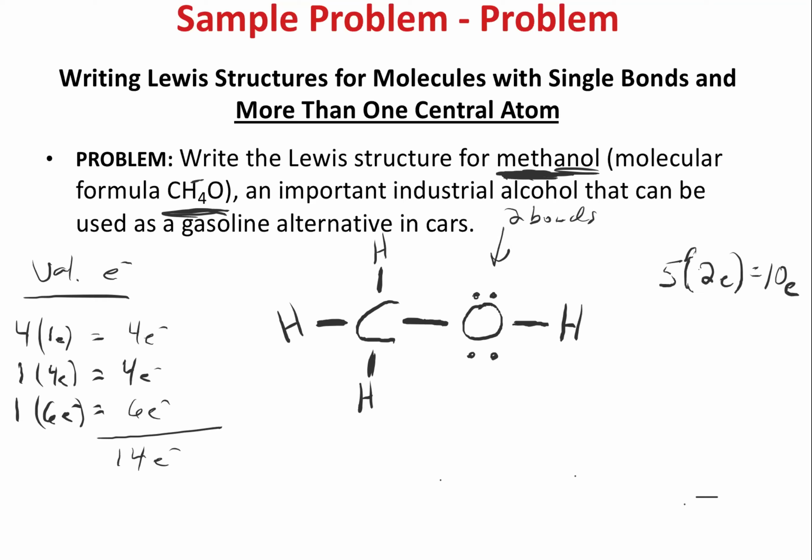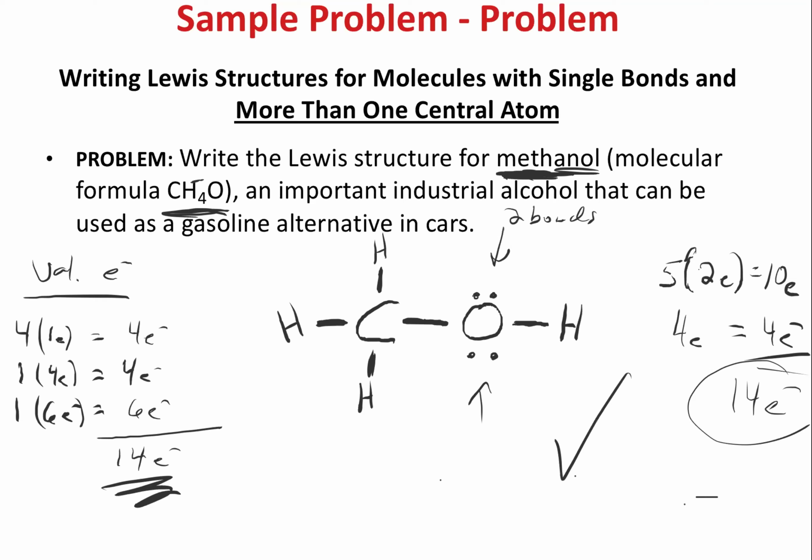In addition to that, I've got 2 lone pairs on that oxygen, for a total of 4 lone pair electrons. So in total, I've used 14 electrons in my structure, and that's what I had to use. So again, this passes our initial quality control check. And indeed, this is the Lewis structure for this alcohol called methanol. This is what it would look like.